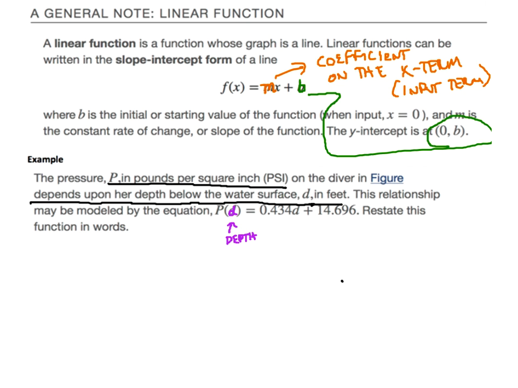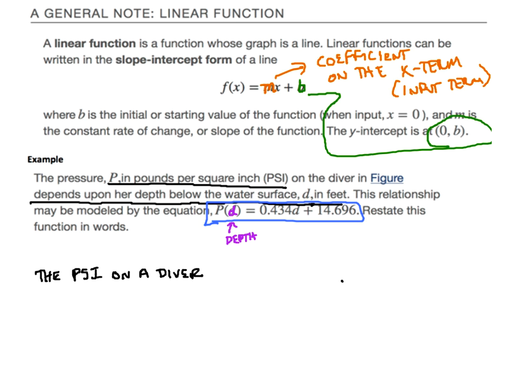So it just says to restate this function in words, and it wants you to use the equation and basically describe what this equation is telling you. So I would say that this equation is telling me that the PSI, or the pressure per square inch on a diver.